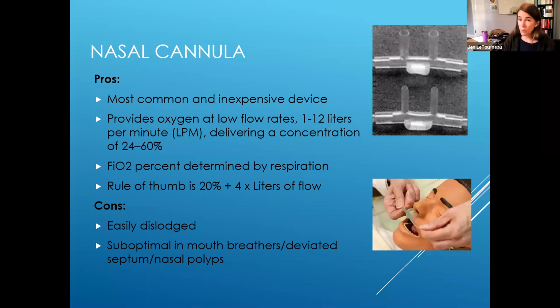You can get anywhere from 1 to 12 liters per minute, which gives you a concentration of about 24 to 60% FiO2. Although that FiO2 is really determined by the patient's respiration and how much they breathe through their nose versus through their mouth. The rule of thumb with respect to nasal cannula is 20% FiO2.